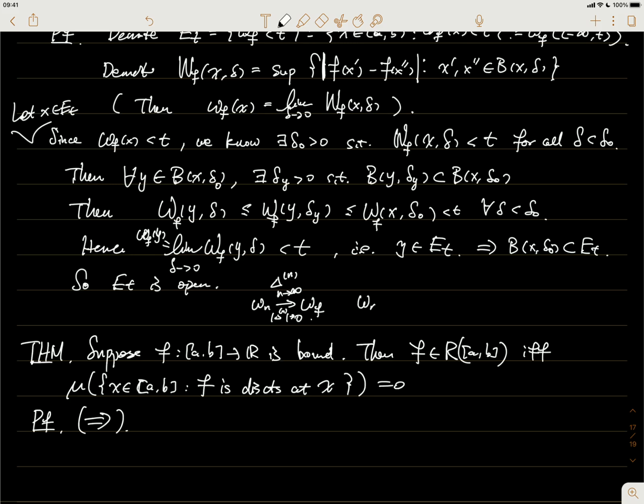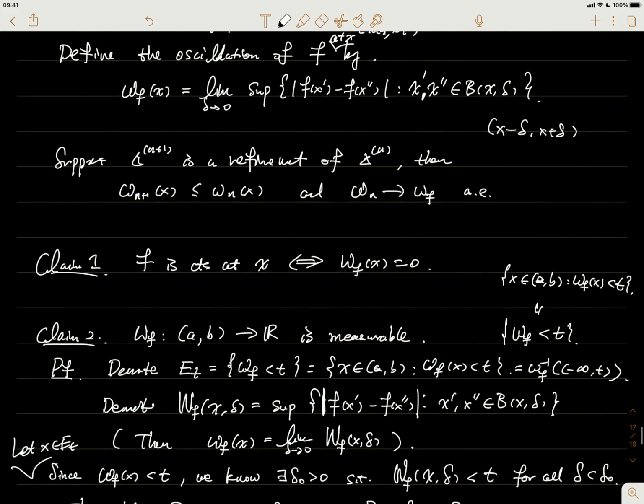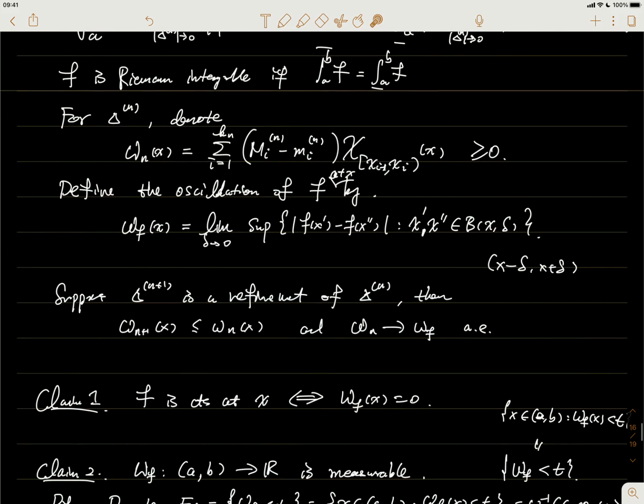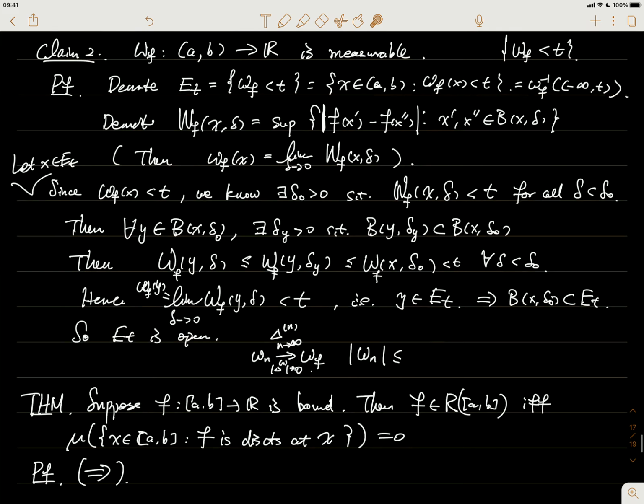Also remember that Wn is bounded on each interval by this, but I know that the function is bounded between negative m and m. So the difference of these two numbers can be at most 2m. That's why Wn must be bounded by 2m.